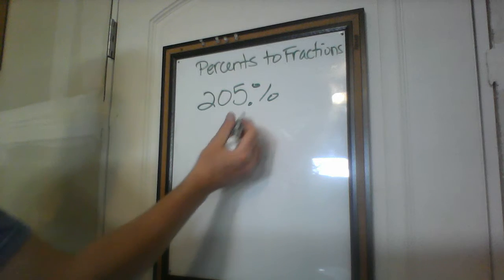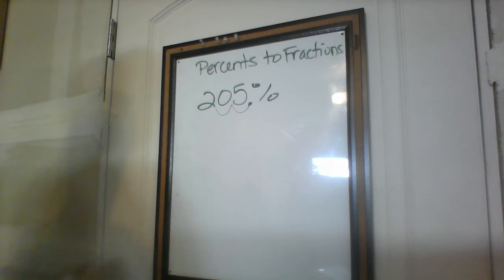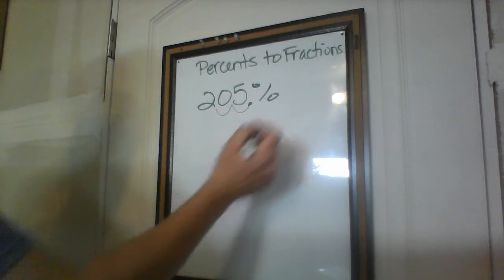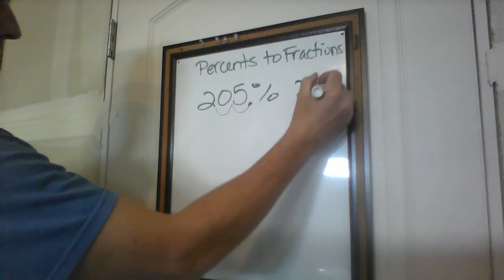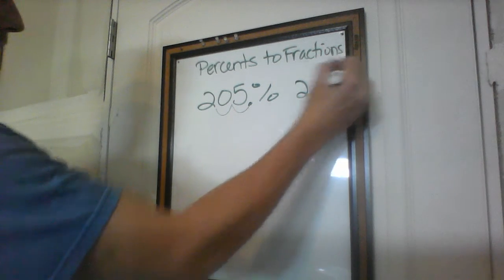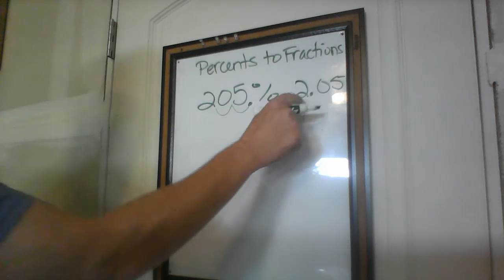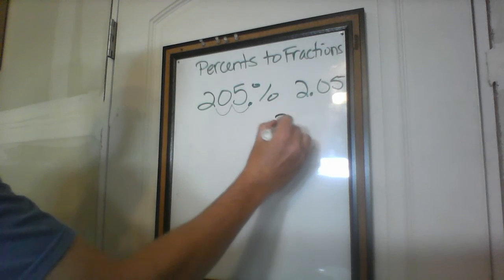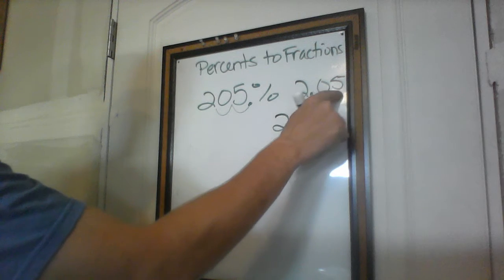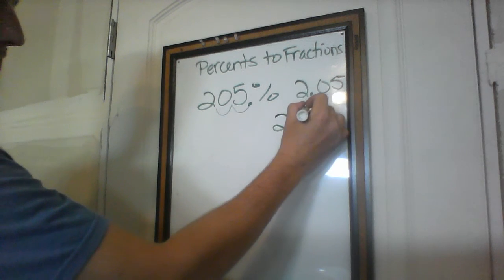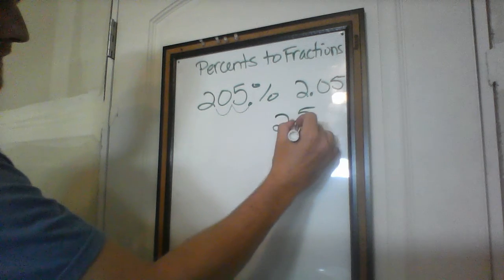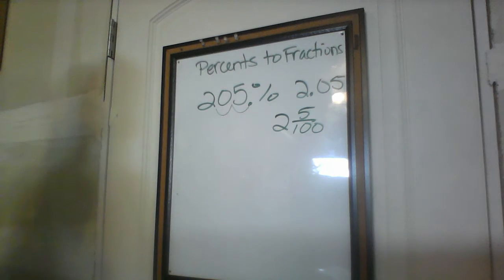Dividing by 100, decimal moves to the left 2 times. So here's what the decimal number looks like. And again, how would you say that number? 2 and there's tenths, there's hundredths. So we have 2 and 5 hundredths.